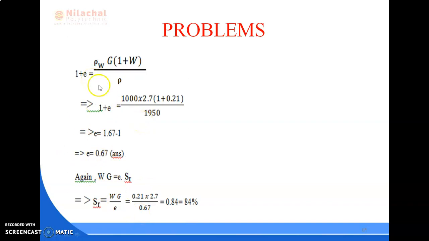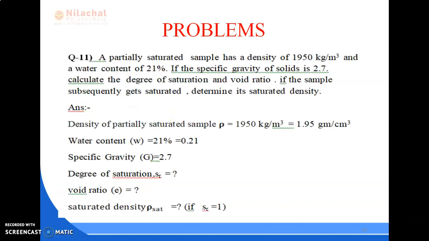So we put all the values: 1 plus e equal to, the rho W value is 1000, we put 1000 into 2.7 within bracket 1 plus 0.21, divided by 1950. See one thing: here we put 1950 in kg per meter cube, as it is given in the question in kg per meter cube.